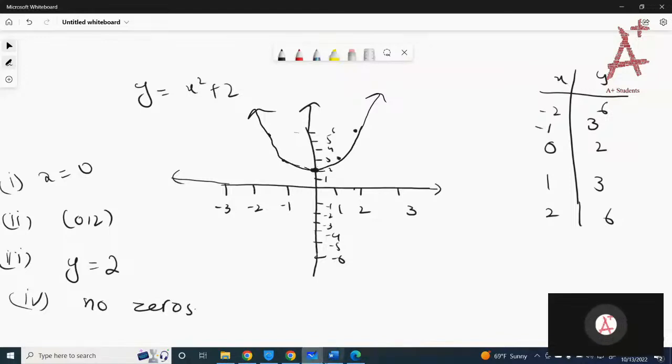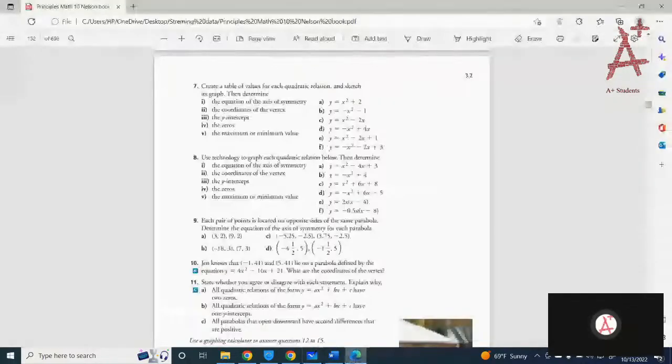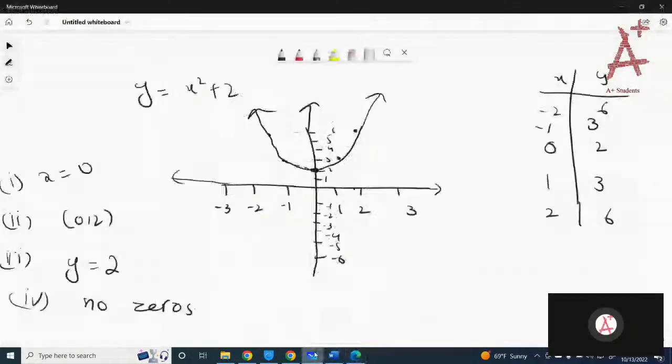And the last one is the maximum or the minimum value. The graph is touching here, and this is the minimum value. The minimum value is 2. Got it? That's how you have to plot the graph, then find the rest of the values from the graph. So that is how you have to solve these questions. Got it?